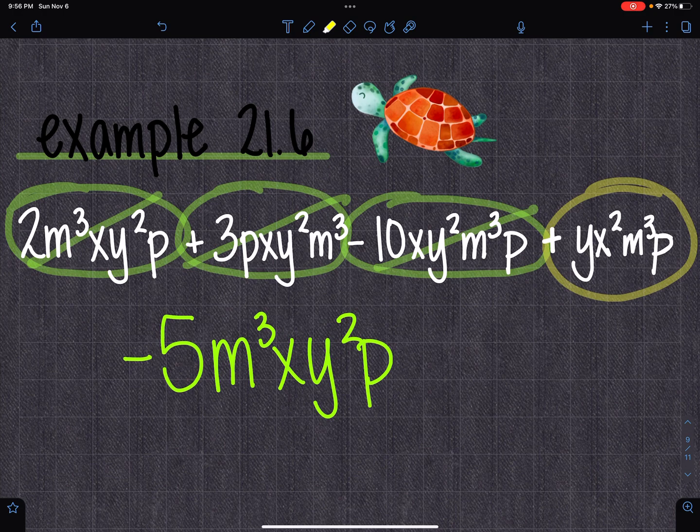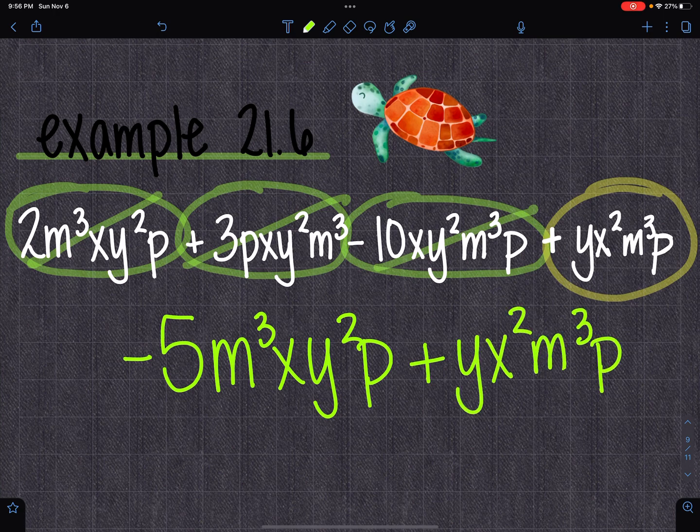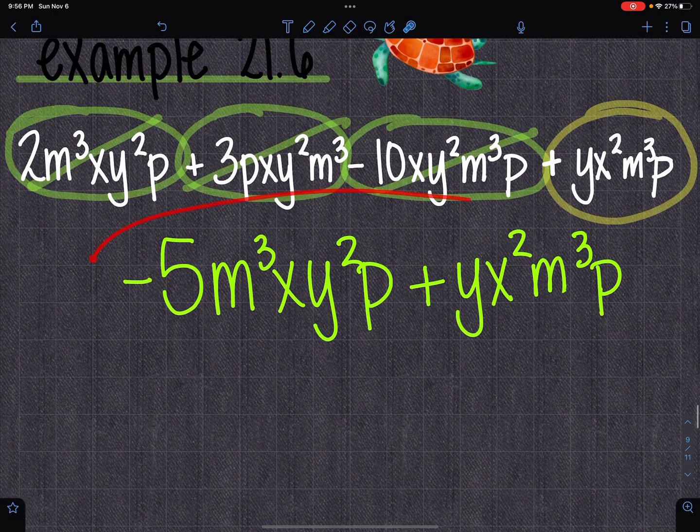So all we can do if it's not a like term is just let it tag along at the end. You have to add a plus sign because it's just tagging along. It's not part of this one that you multiply. So that's what you do with that. Alrighty. And that's the final answer. Boom, this complicated long thing.